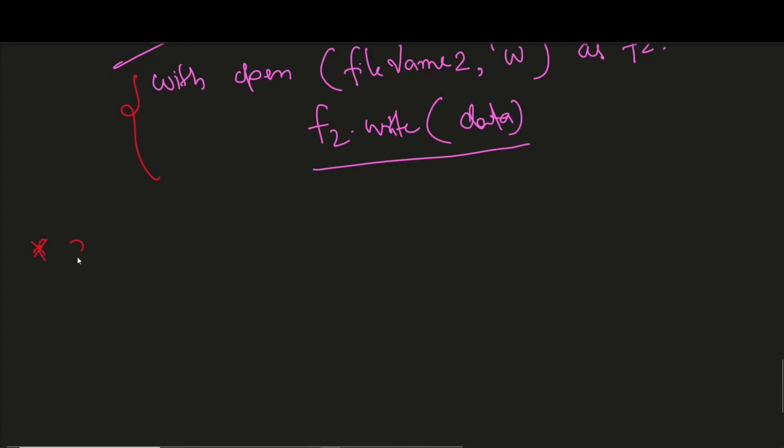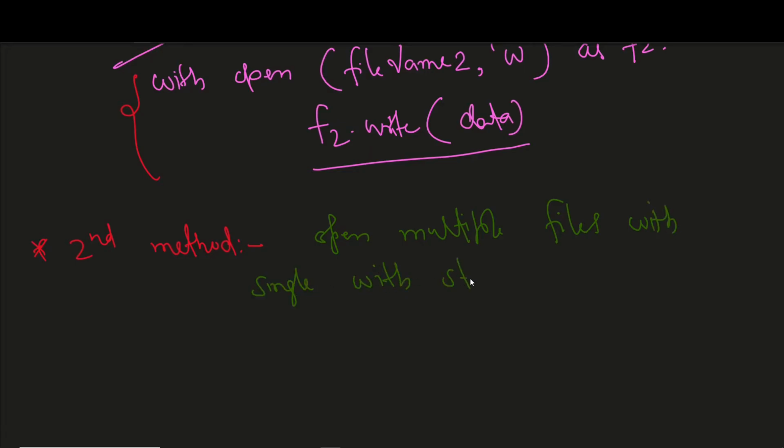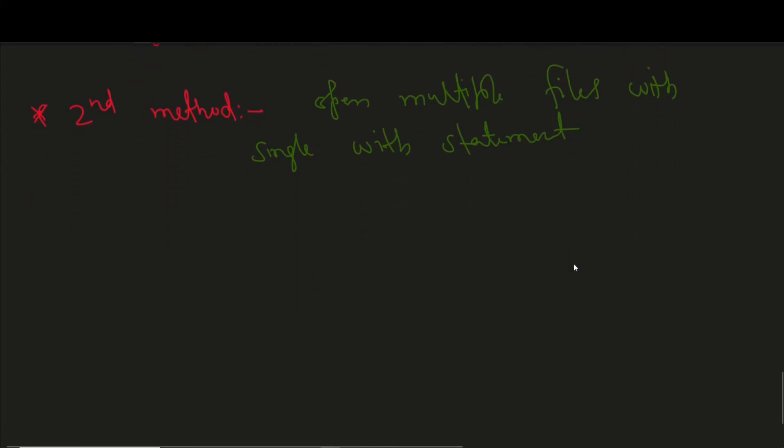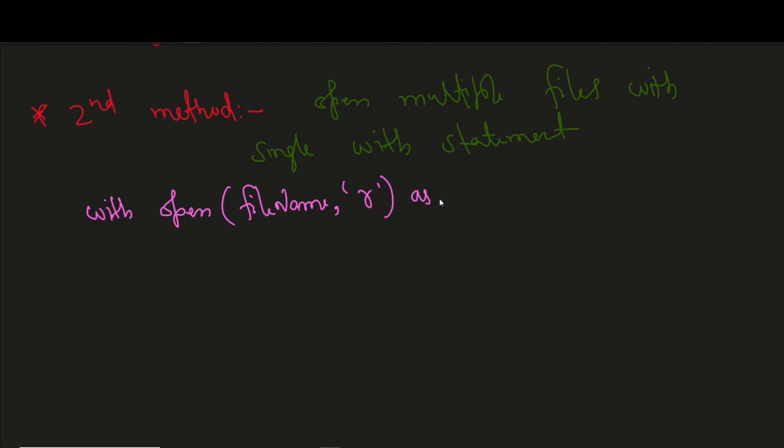There is another method of doing that. In the second method, we open multiple files with a single with statement. How can we do that? With open, and we have the file name as the first file, opened in read mode, and its handler is F1.